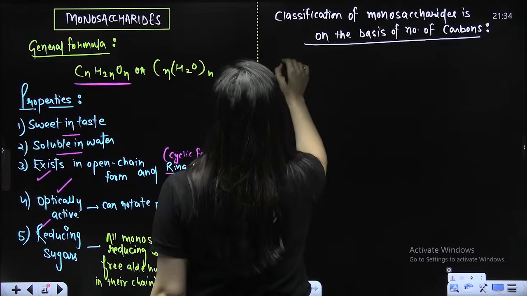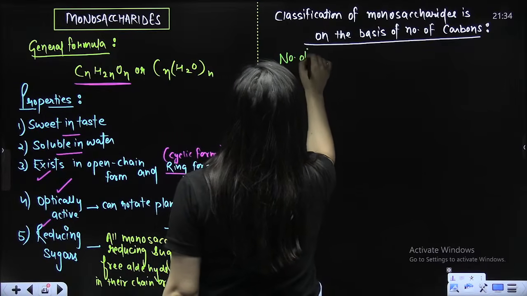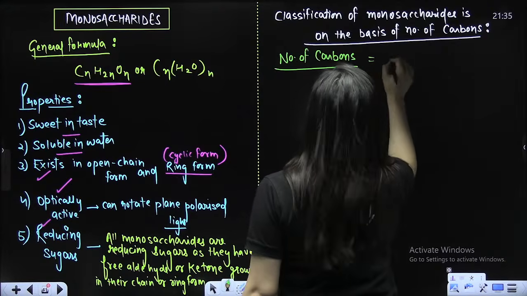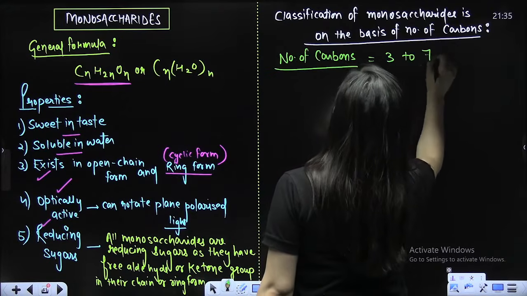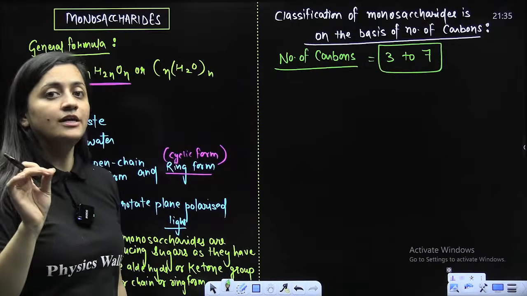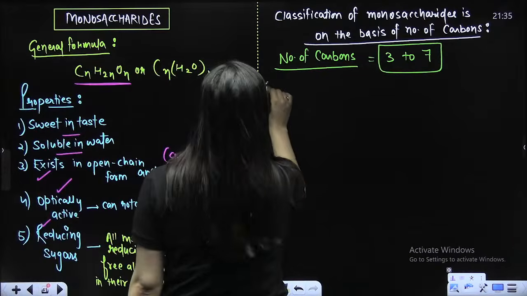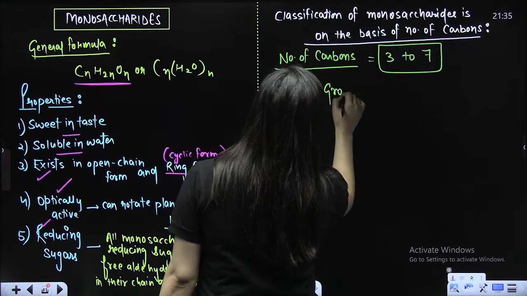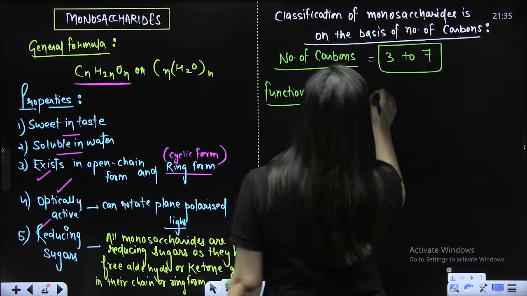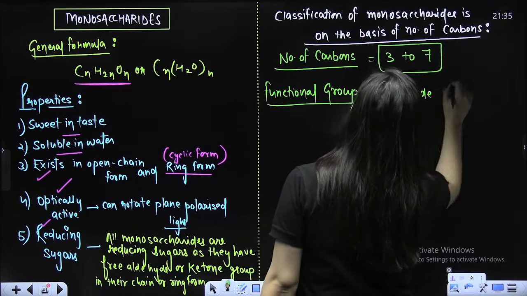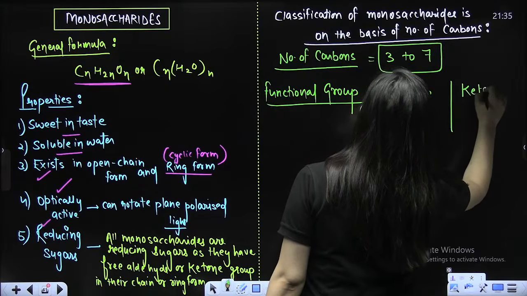The number of carbons in monosaccharides are going to be 3 to 7. Do not confuse it with the oligosaccharide. I already told you about the functional group. You will have either aldehyde or ketone.